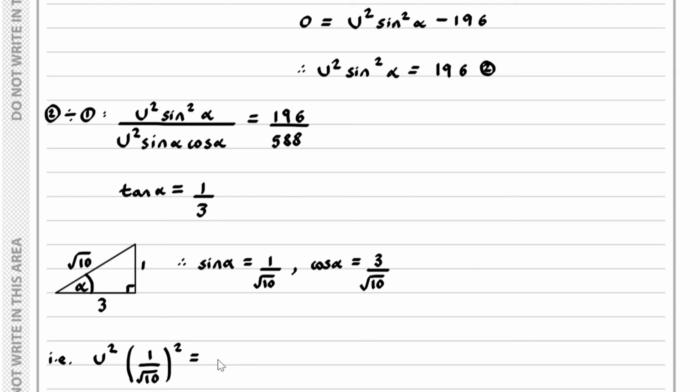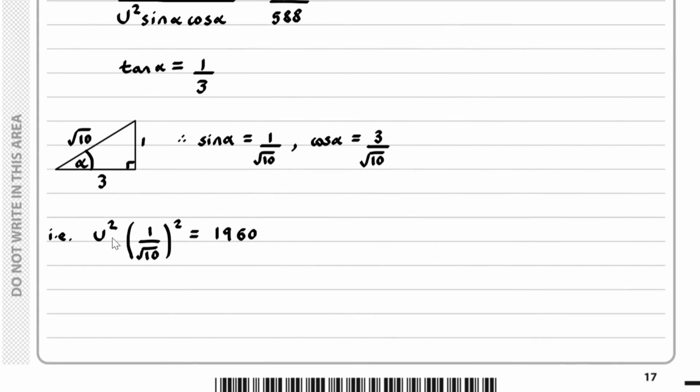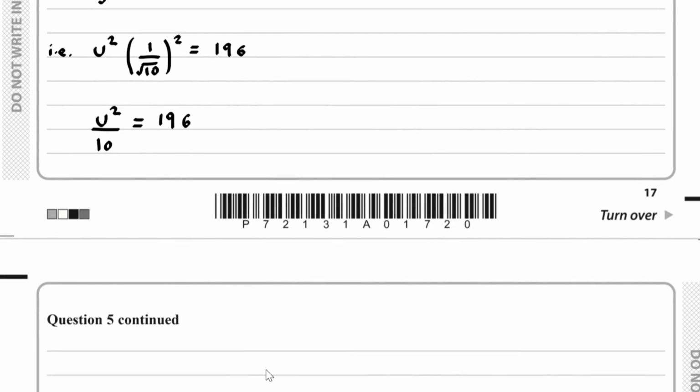That's equal to 196. And that would imply that u squared over 10 is equal to 196, which means that u squared is equal to 1960.